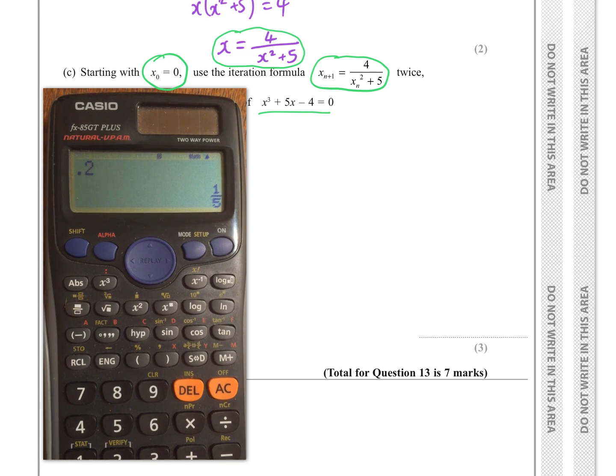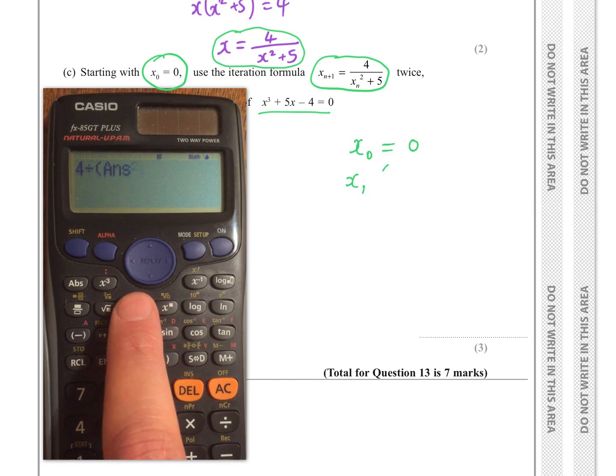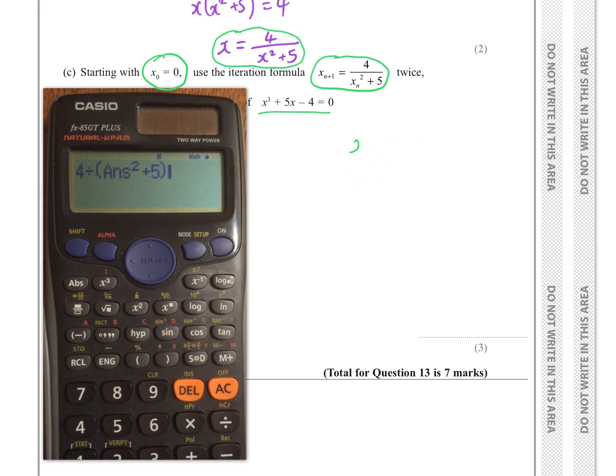Well, we press equals, we then do 4 divided by bracket ANS squared plus 5, and we just press equals, so as a decimal 0.793, and then the next one 0.710, 0.726, and you can see here it's settling down to around 0.724, well, 0.72407 to 5 decimal places. So that's a quick way of inputting values into an expression without having to do the whole thing again on your calculator.